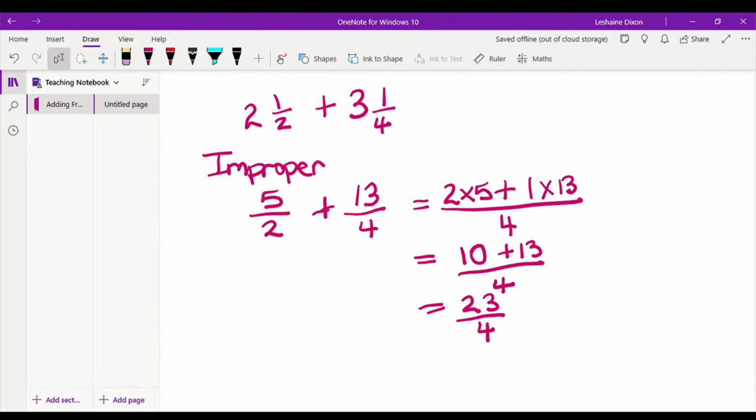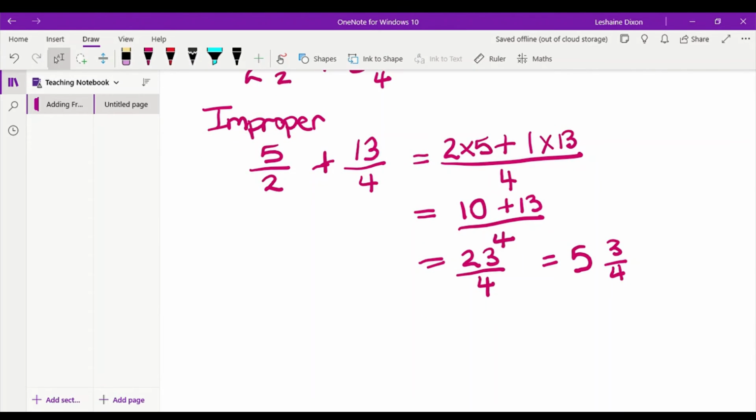So the way you would do that is, you say 24 divided by 4 gives me 5 wholes, and the remainder is 3 over 4. Now some persons may be a little bit confused, so I'll take my time and go back over that.